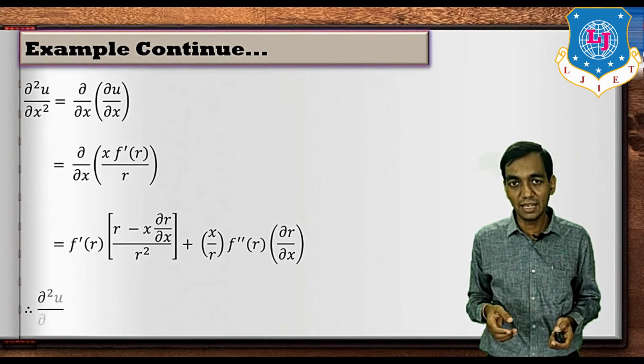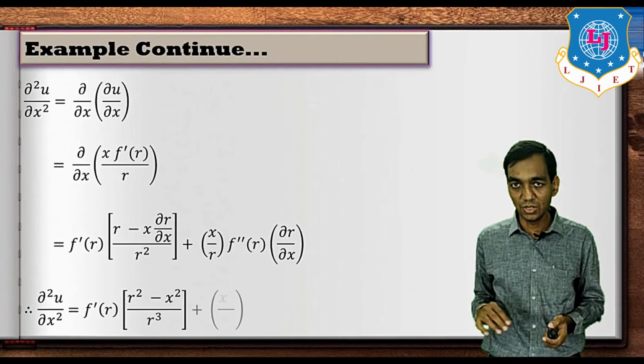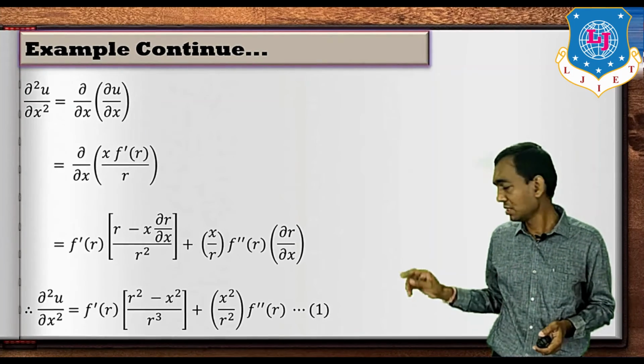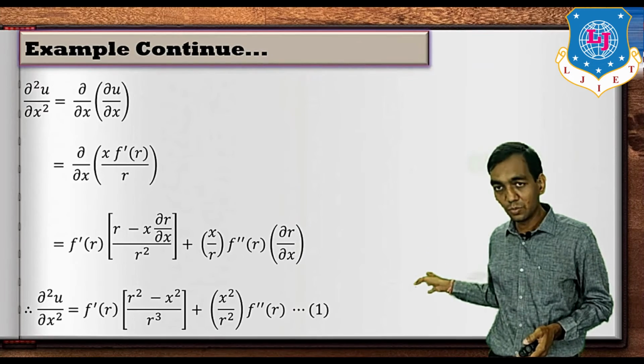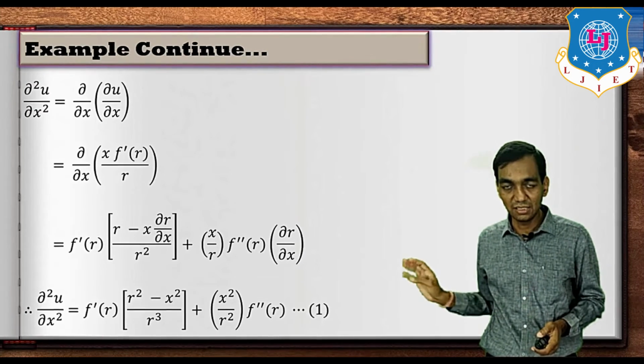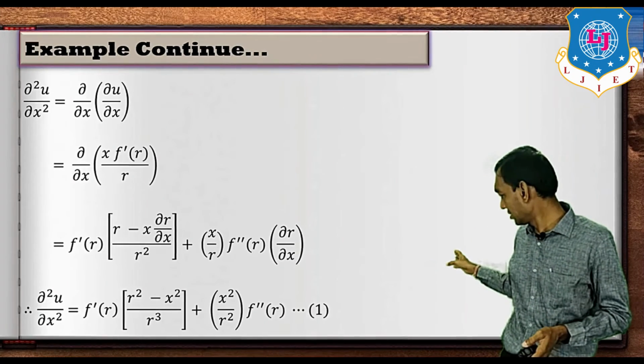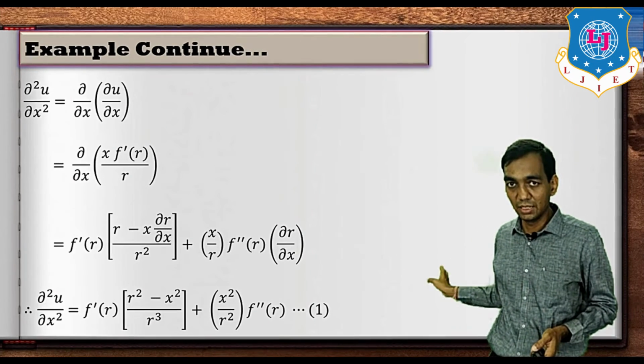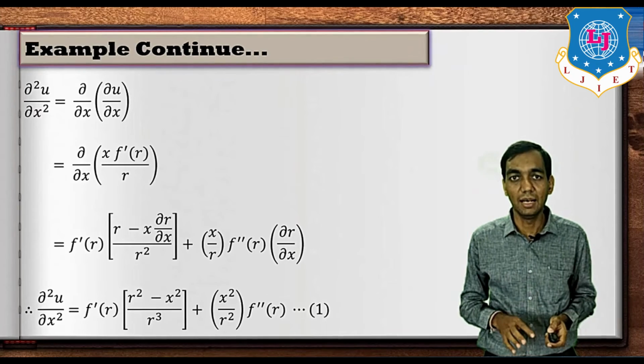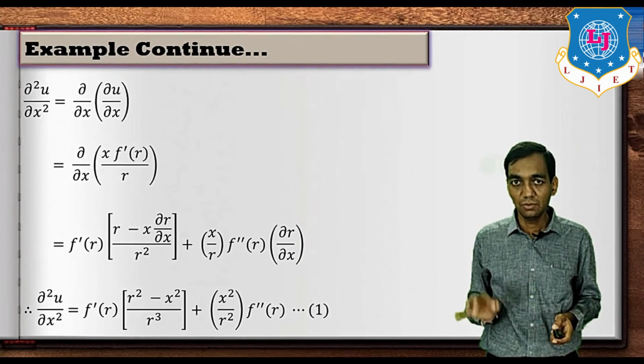Now put the value of del r by del x and simplify by taking LCM, that will give you f dash r into the bracket r square minus x square divided by r cube, plus x square upon r square into f double dash of r. This is your equation number 1.